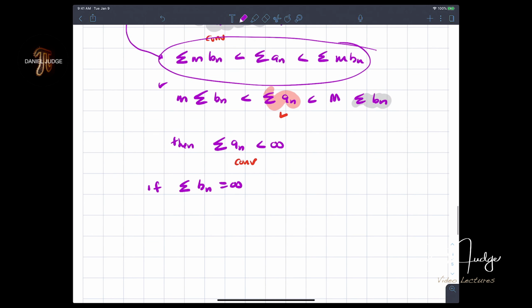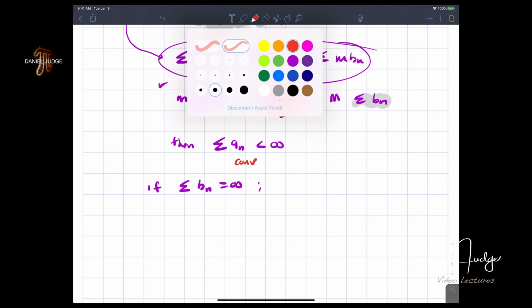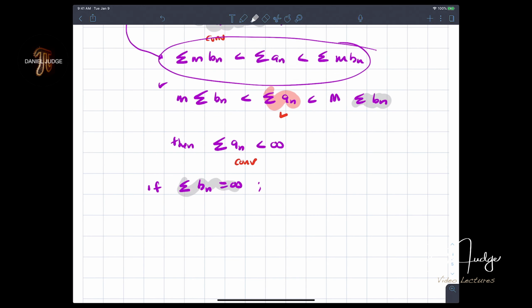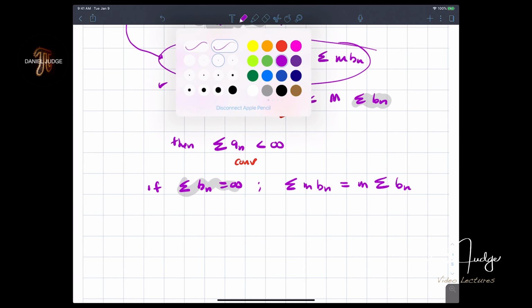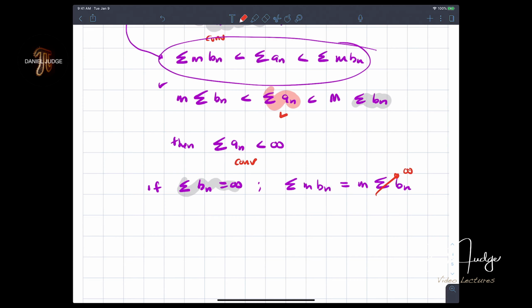And then you say, okay, I know that this term here is actually going to be divergent. The sum explodes. Well, guess what? By properties, that means for the sum of Bn, I can pull out the constant m, which is a positive number, times this. This is infinity, so that's going to give me infinity.